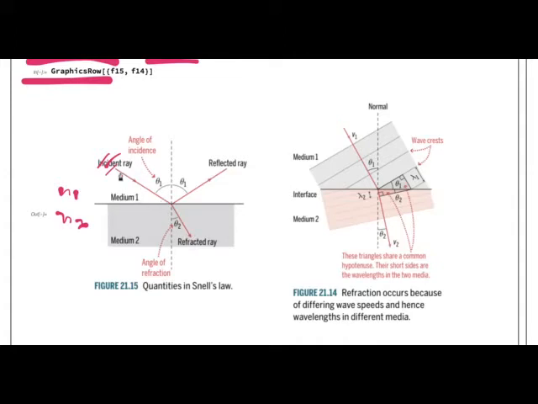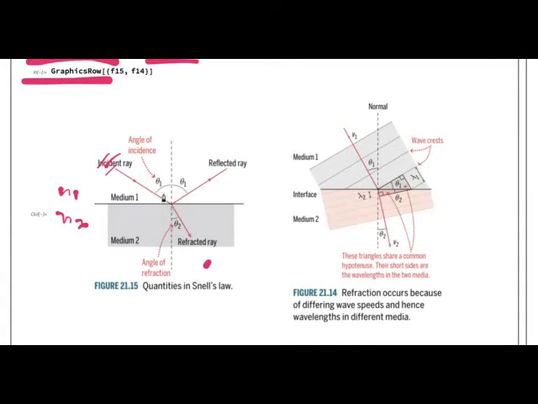If light goes from a low optical density, like air, into a high optical density, like glass, the refracted ray is bent toward the normal. You could have the light going the other direction. You could have a light bulb down here, and then you would have light going from the glass into the air.